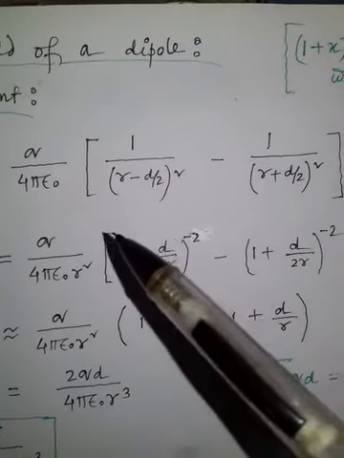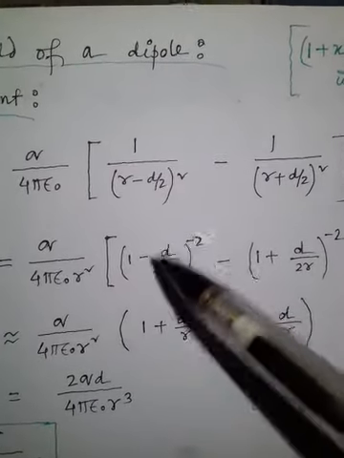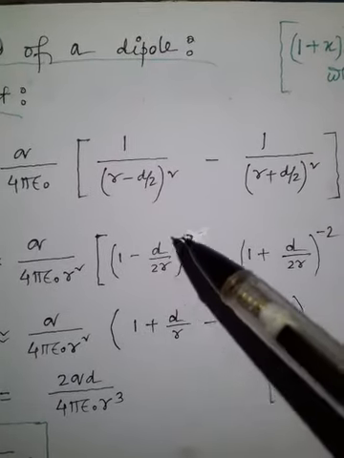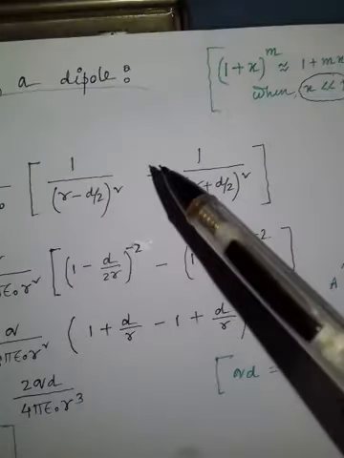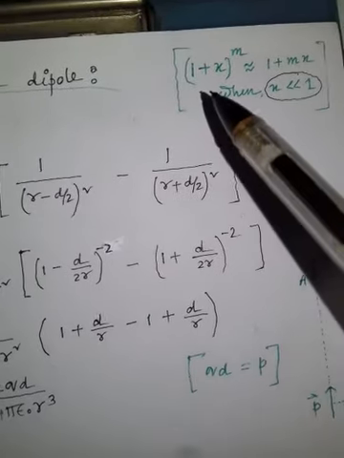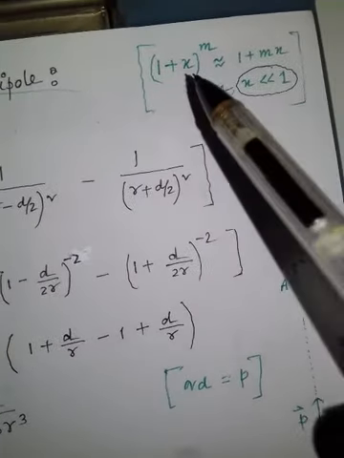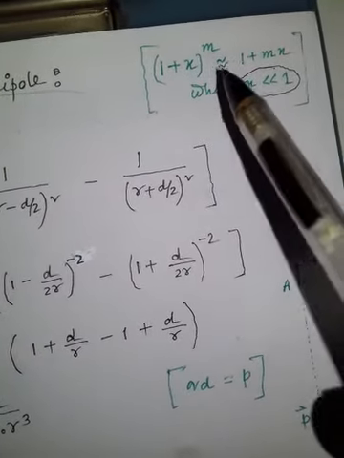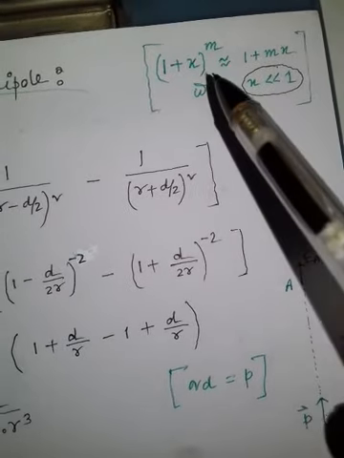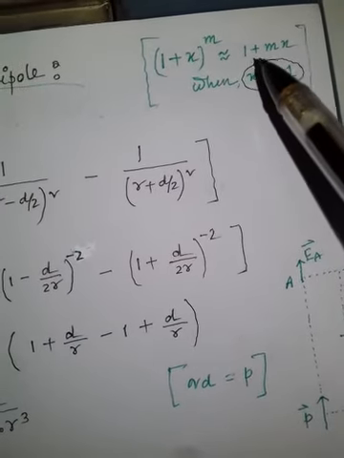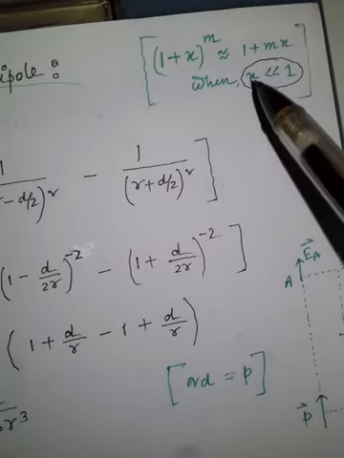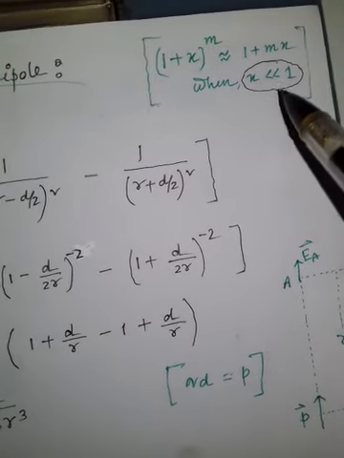So to break this expression, we can happily use the binomial expansion relation like this one. 1 plus x to the power m is almost equal to 1 plus mx, where x is very much smaller than 1.